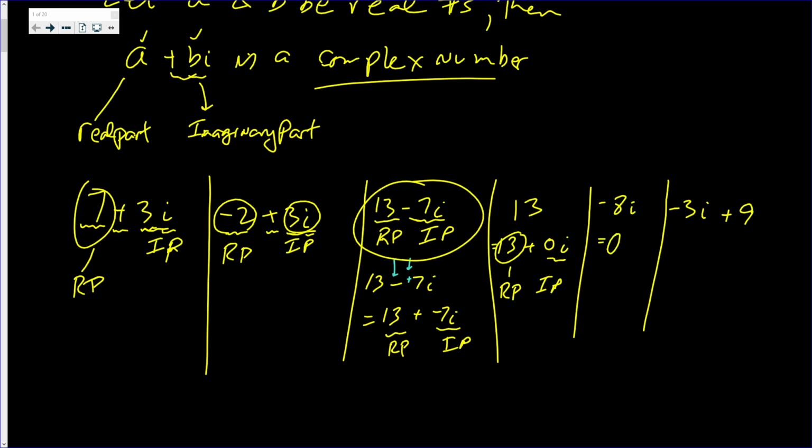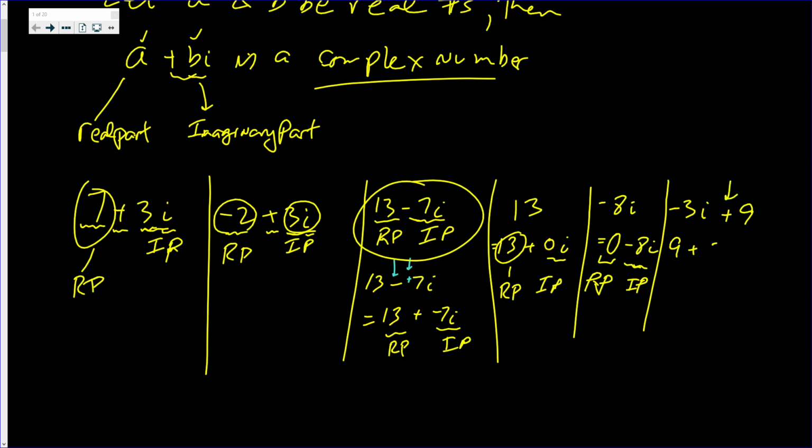Negative 8i is 0 minus 8i. The real part is 0, and the imaginary part is negative 8i.